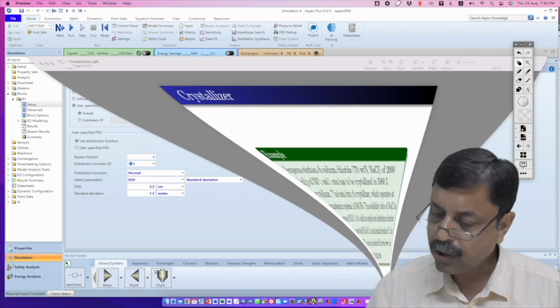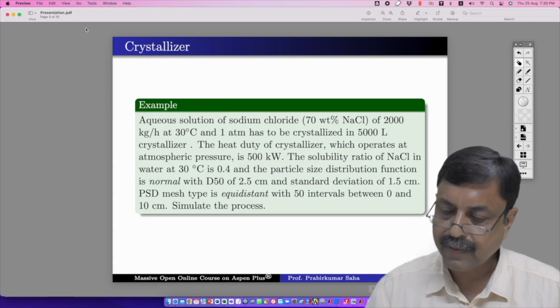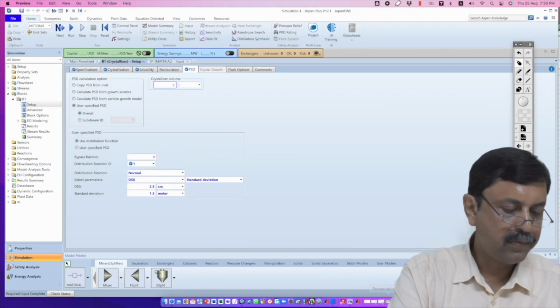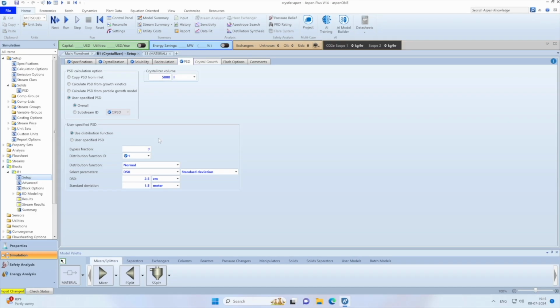And crystallizer volume also we have to fix. It is 5,000 liters. So it is 5,000 liters. And we can run the simulation.